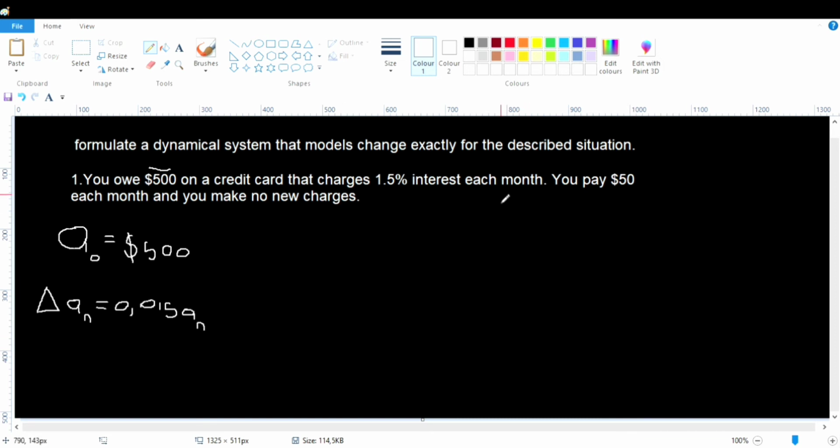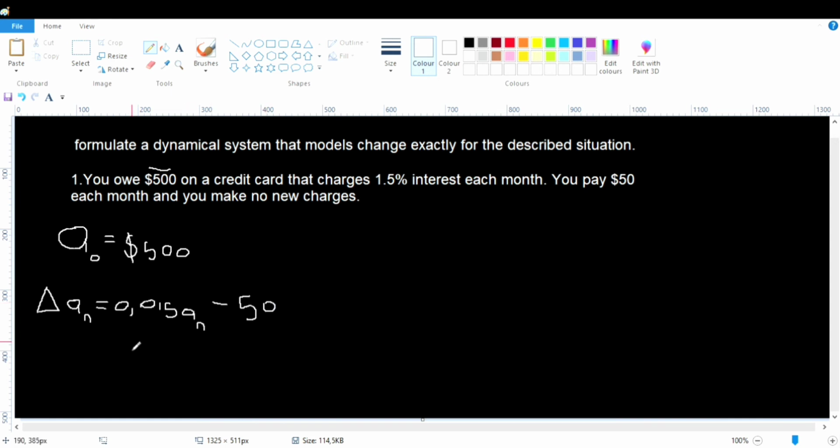Then you pay $50, which means each and every month you reduce your credit by $50. So here we're going to have minus 50. I'm going to ignore the dollar sign.